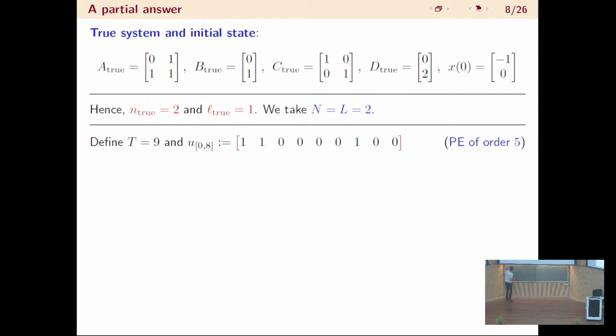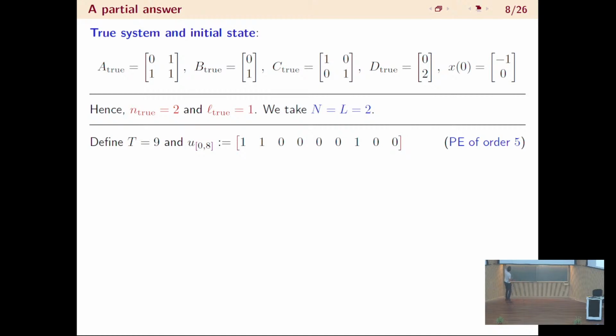But the point is that if you look at the Hankel matrix of depth 5 of this input, what is that? 1, 1, 0, 0, 0, then 1, 0, 0, 0, 0, then 0, 0, 0, 0, 1, then 0, 0, 0, 1, 0, and finally 0, 0, 1, 0, 0.